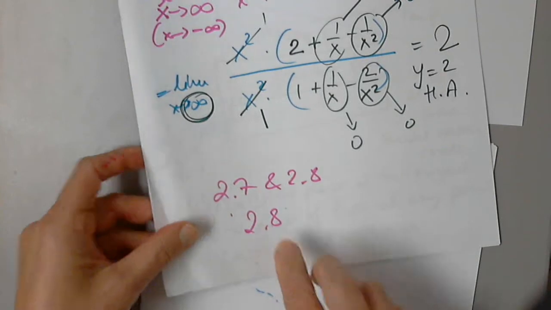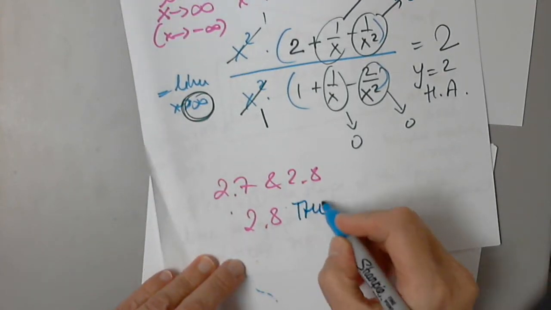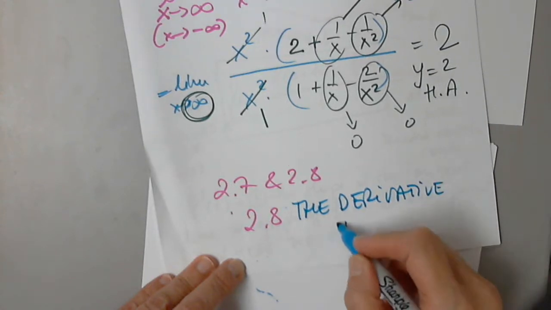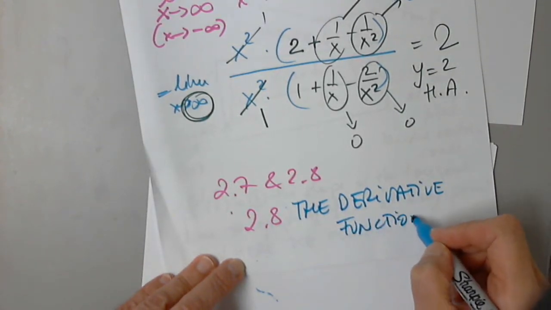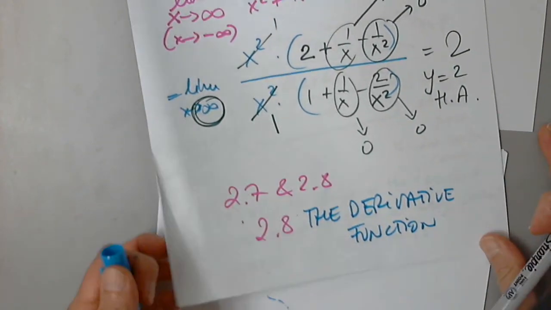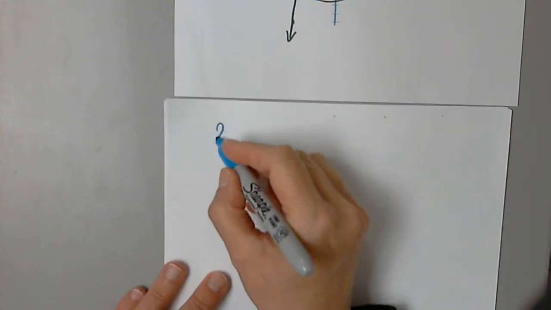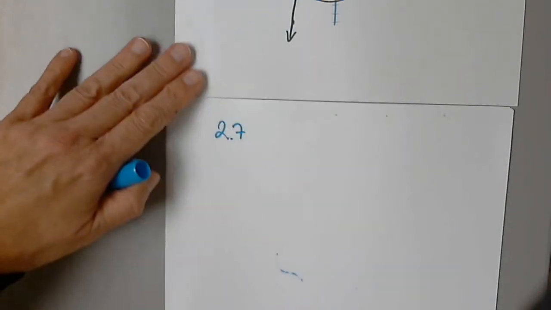So obviously 2.8 was the derivative function. And now we go back to 2.7 because it's an application of 2.8. That's why I always present 2.8 and then I go back to 2.7.